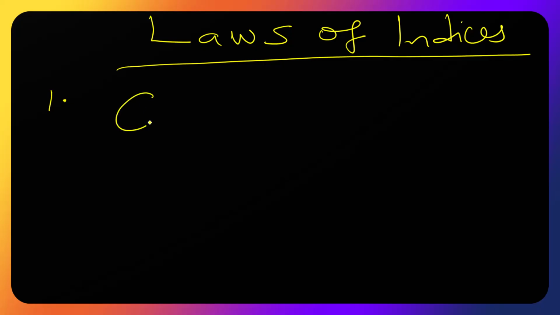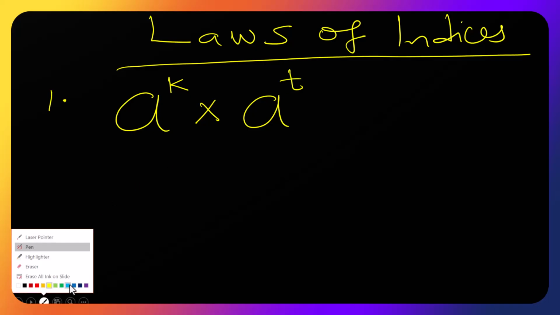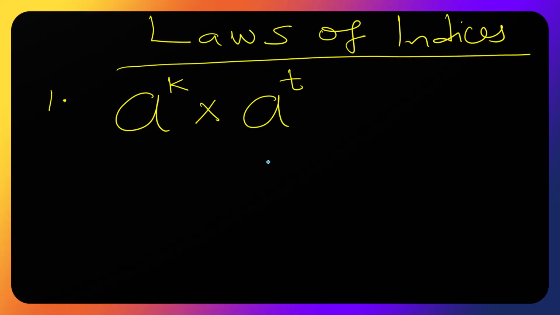Now A exponent K times A exponent T. Understand that the laws only hold when the bases are the same. So the first law can only hold if the bases are equal. Let's check the bases.